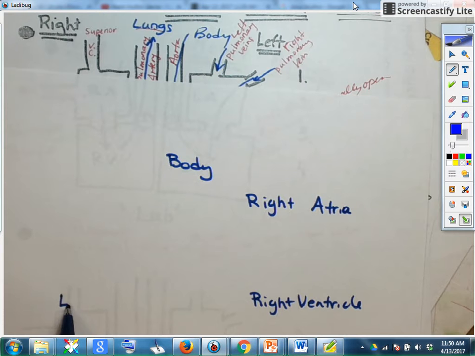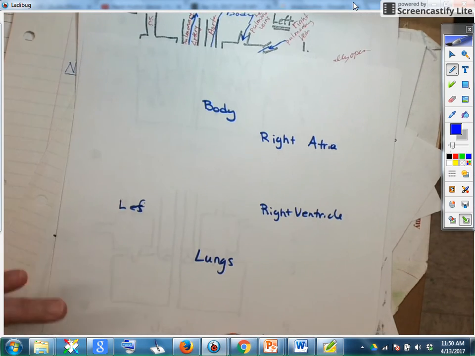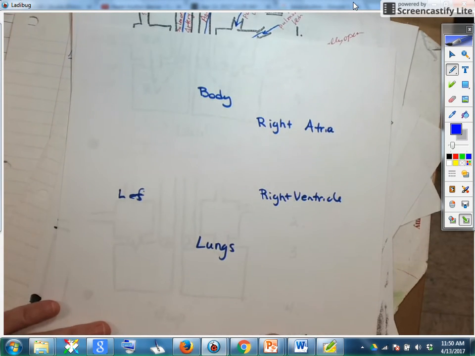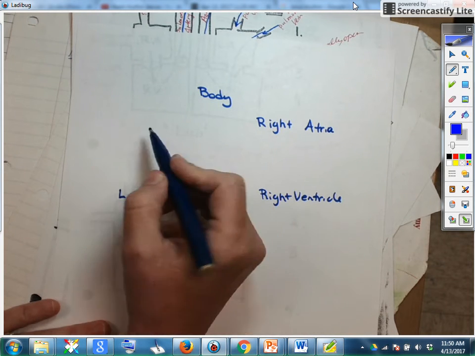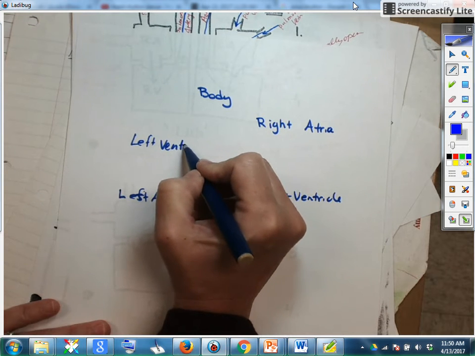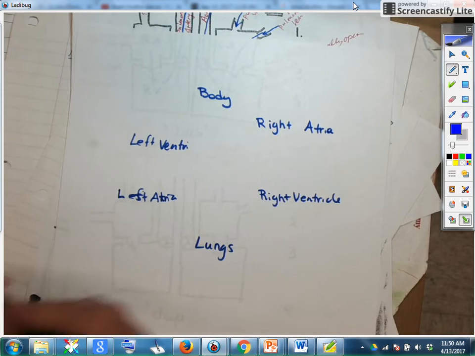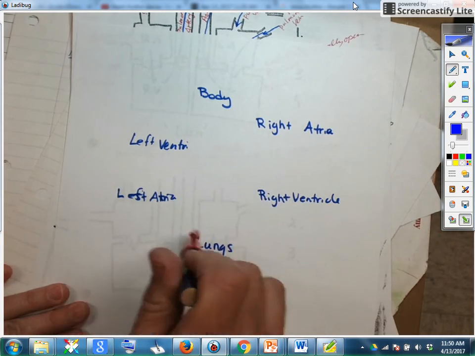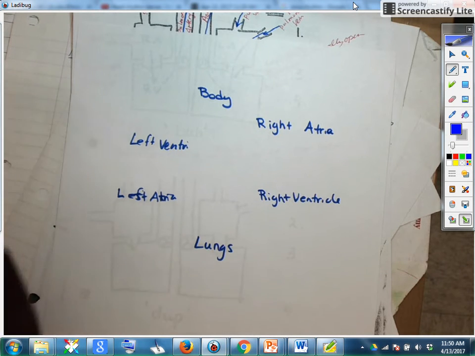Then it goes to the left atria and the left ventricle. And it goes to the body. So boom, boom, boom, boom. Bam. Body, right, right. Lungs, left, left. Body, right, right. Lungs, left, left. But of course, it's not that simple.